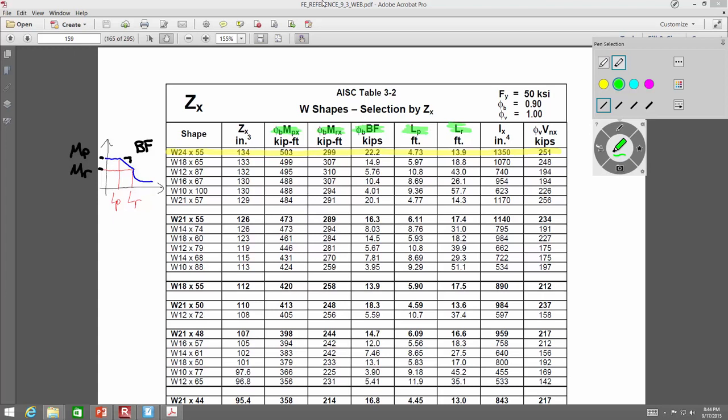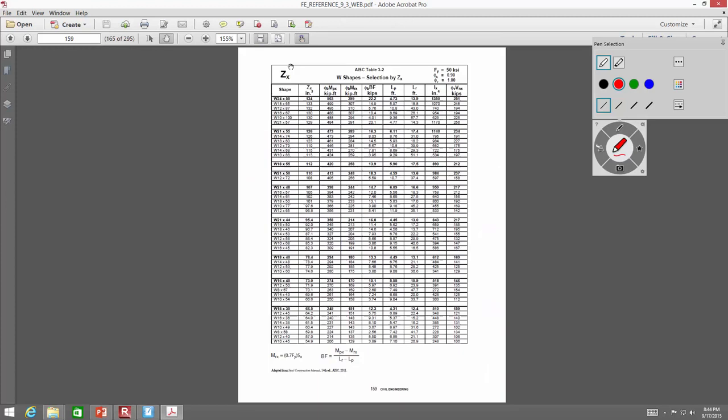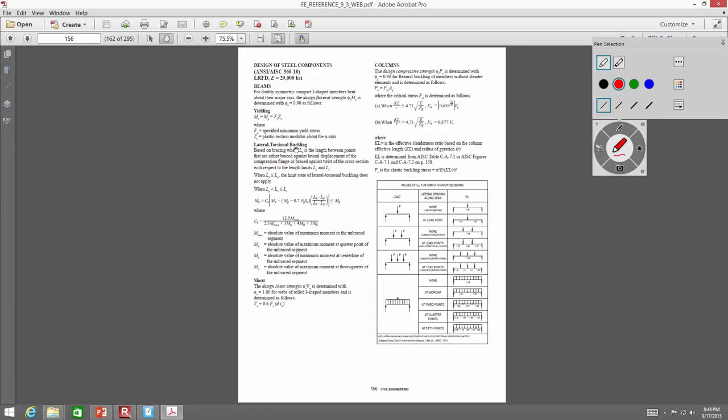So would you agree that we are in between LP and LR? So that puts us in that straight line inelastic lateral torsional buckling region, right? I got to use my eraser, sorry.